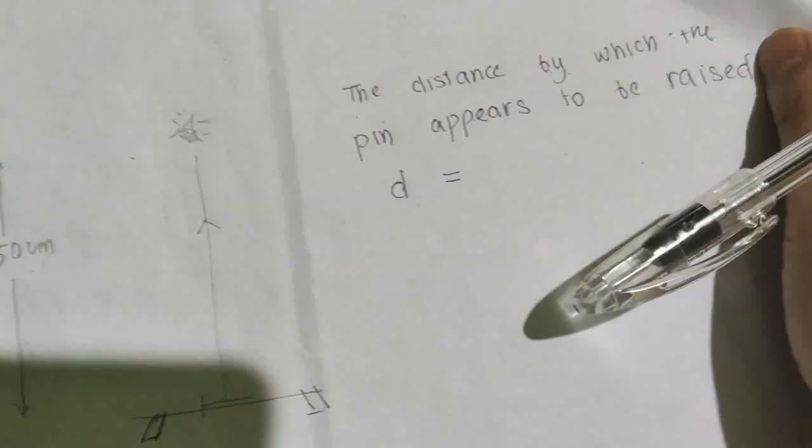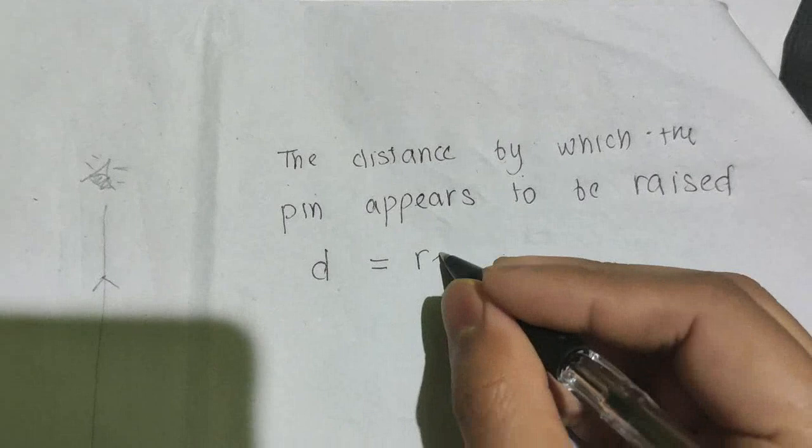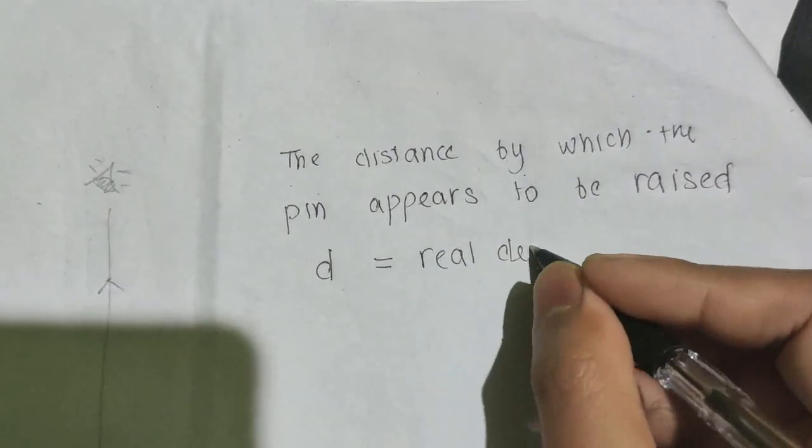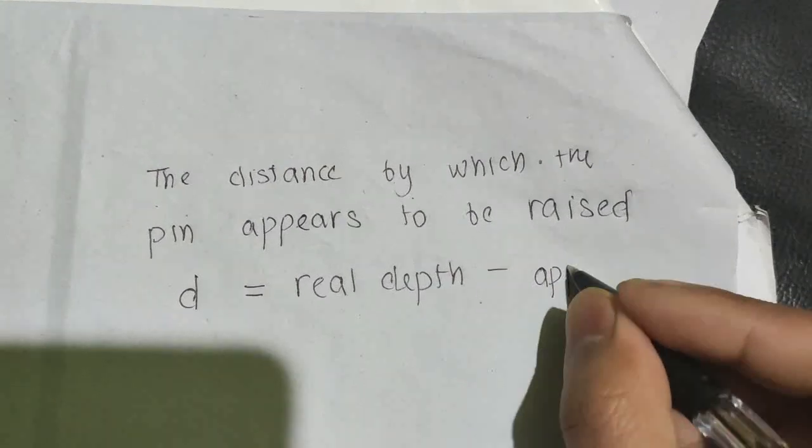The distance by which the pin appears to be raised equals real depth minus apparent depth.